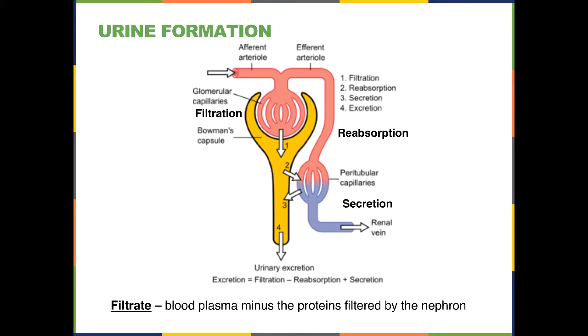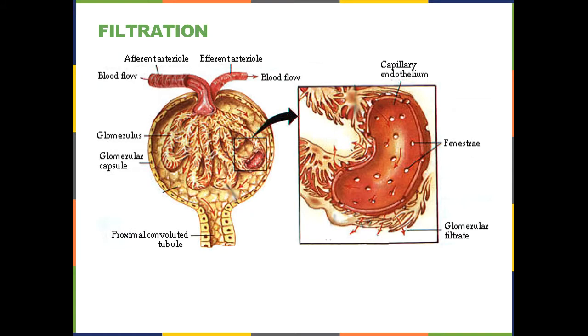Then certain chemicals are secreted back into the urine. And then lastly, in the last part, most of the water is reabsorbed so that the urine volume is controlled. And this is the stepwise process in urine formation.